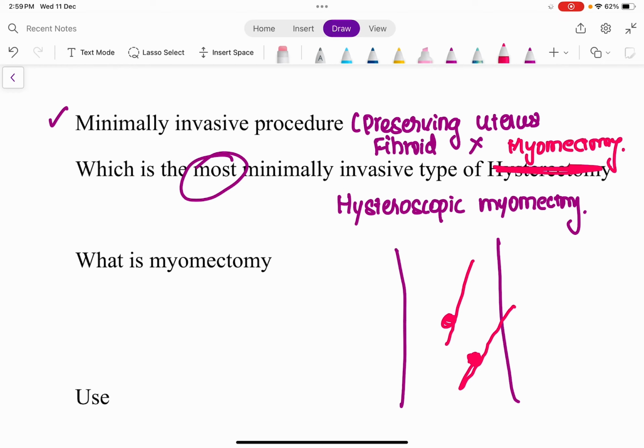So the complications could be whatever you could anticipate in any laparoscopy procedure. And in abdominal myomectomy, you create an incision, and following the removal of the fibroid, you have to suture it. So when compared with all these types, hysteroscopic myomectomy is the most minimally invasive type of myomectomy.